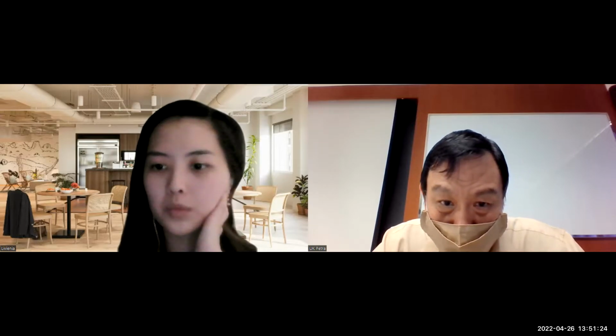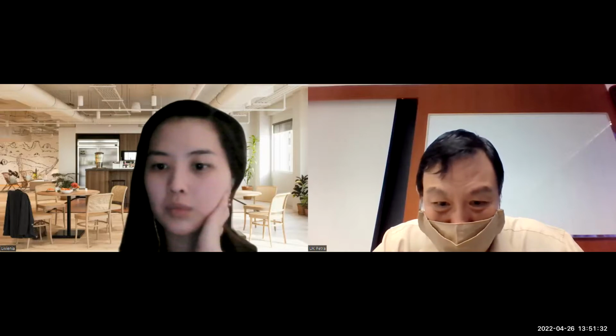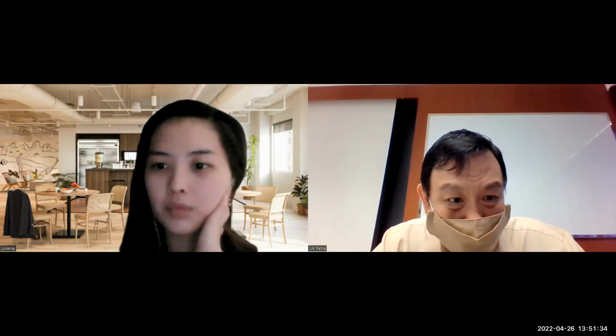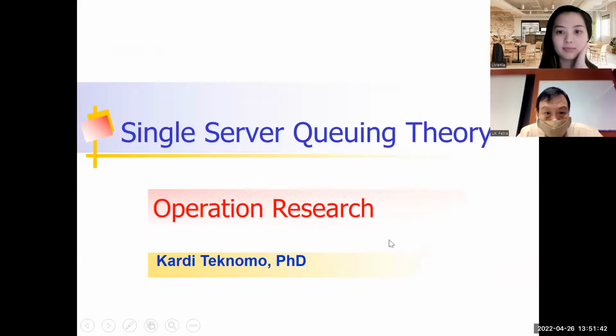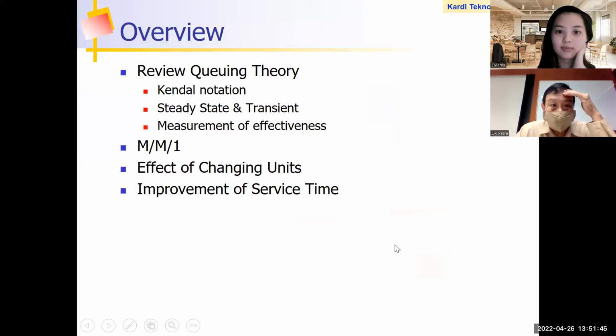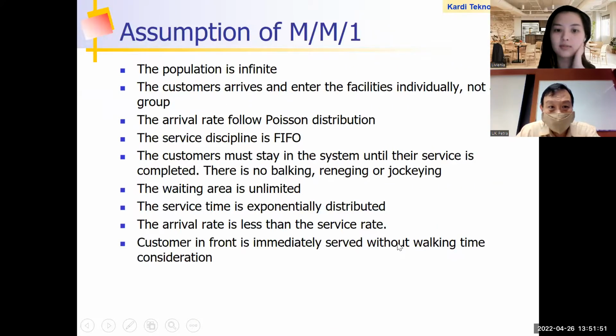Single server queuing, M/M/1. This is fast, probably, I hope. Let's see. Can you see? Yes. Okay. So I don't review anymore. This is already finished, right?